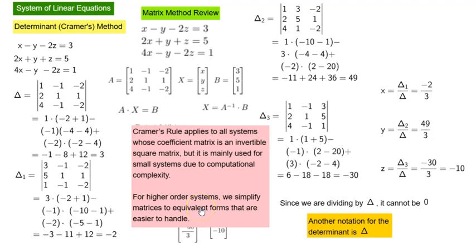For higher order systems, we simplify matrices to equivalent forms that are easier to handle. You might have noticed that every time we have to evaluate the determinant, we end up looking at or evaluating the determinants of submatrices or subdeterminants.